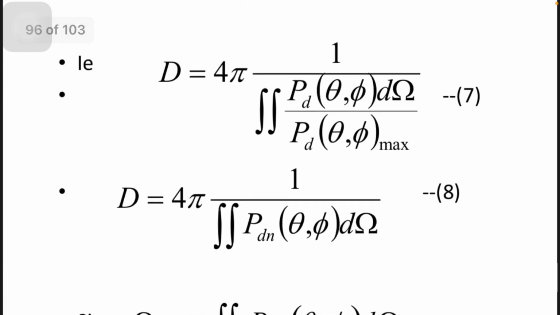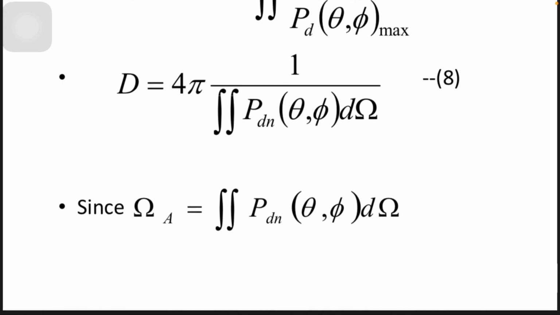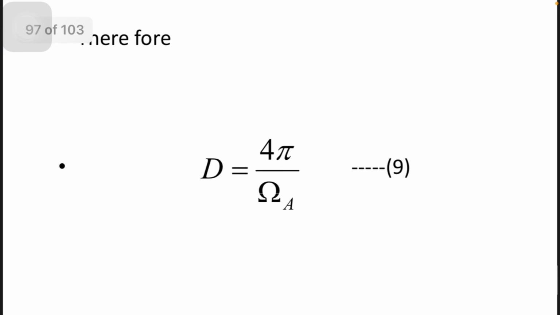Then D equals 4 pi into 1 by the double integral of Pd(theta, phi) d omega by Pd(theta, phi) max, that is the seventh equation. Then D equals 4 pi into 1 by the double integral of Pdn(theta, phi) d omega, that is the eighth equation. Since Omega A equals the double integral of Pdn(theta, phi) d omega, therefore D equals 4 pi by Omega A. This is the ninth equation.